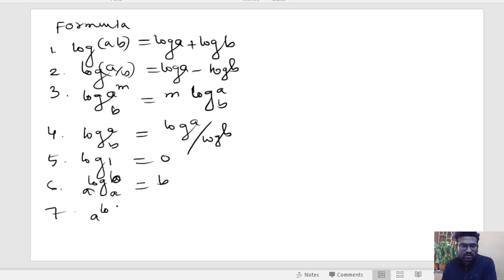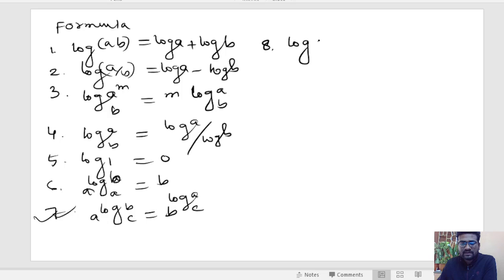And 7, a to the power log b base c equals b to the power log a base c. This formula is very important for your competitive exams. And another, we draw the 8th: log of x base m greater than log y base m.